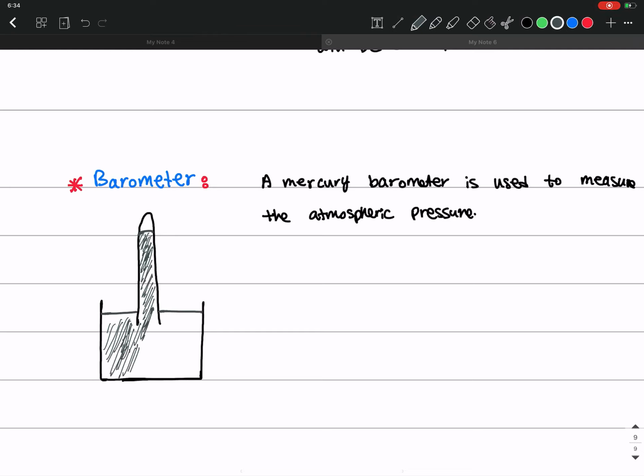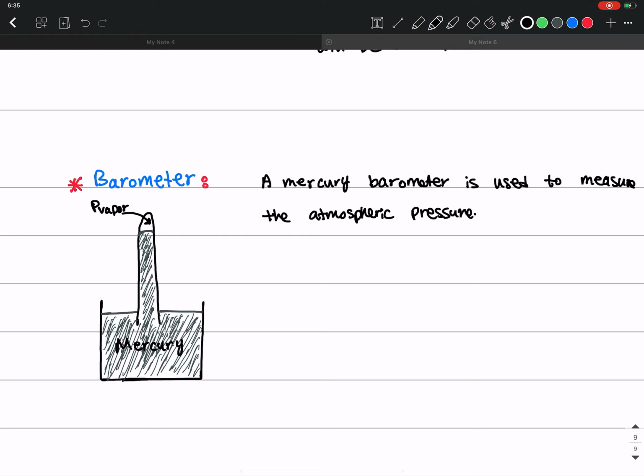So this is mercury here. And here we have some vapor, so we have a vapor pressure that acts here.